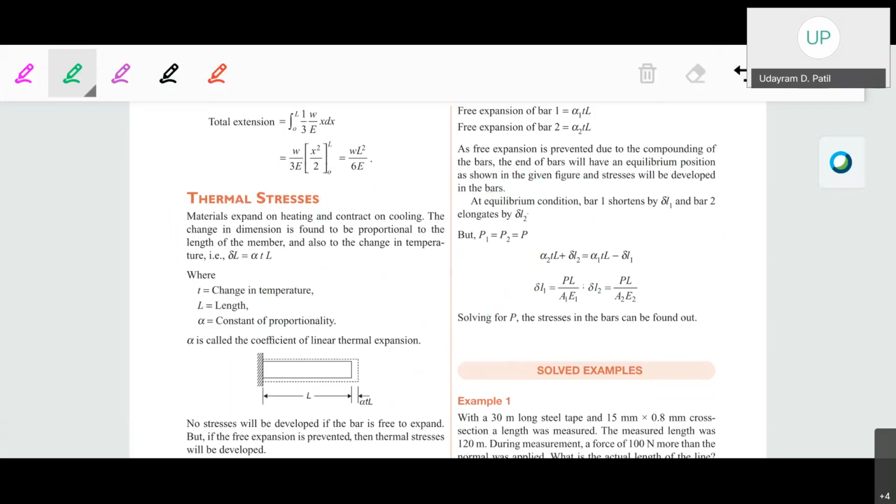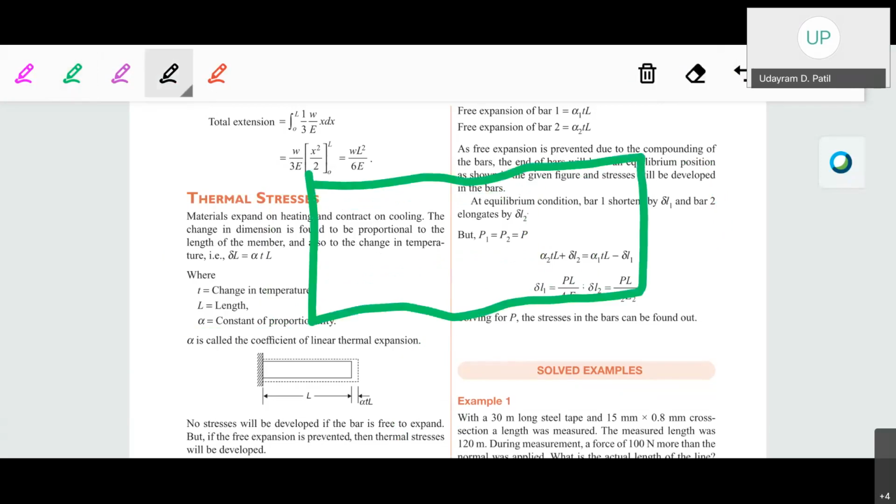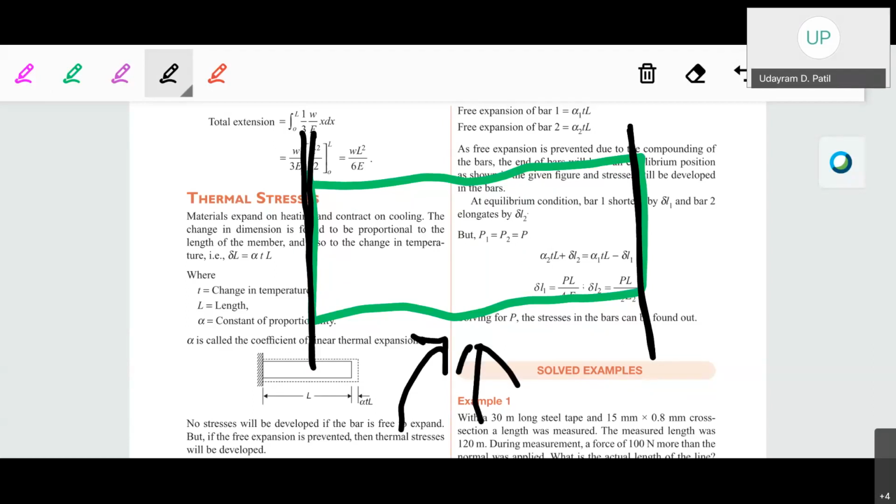So if we have a member whose ends are held together, that is, the ends are fixed, so that no elongation or contraction of the material is allowed, then if we heat this member, it will try to elongate, but as the support is a fixed support, it will not allow any elongation.